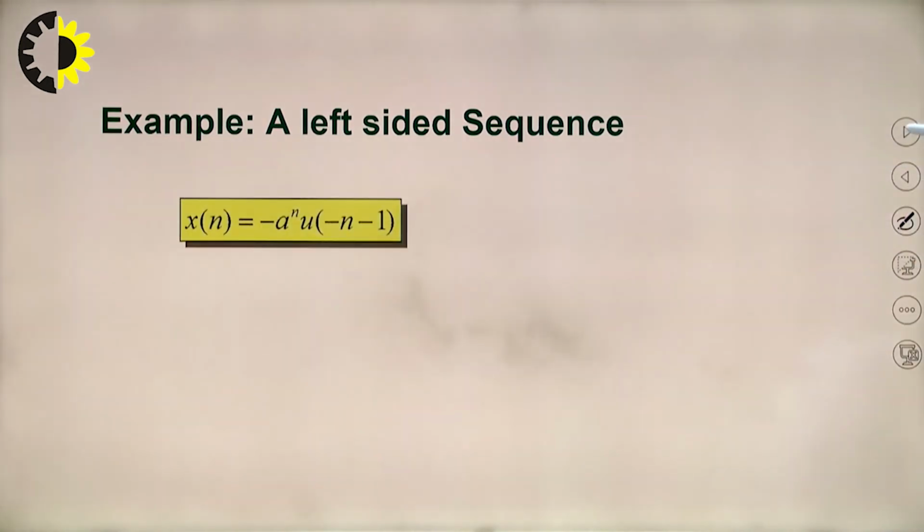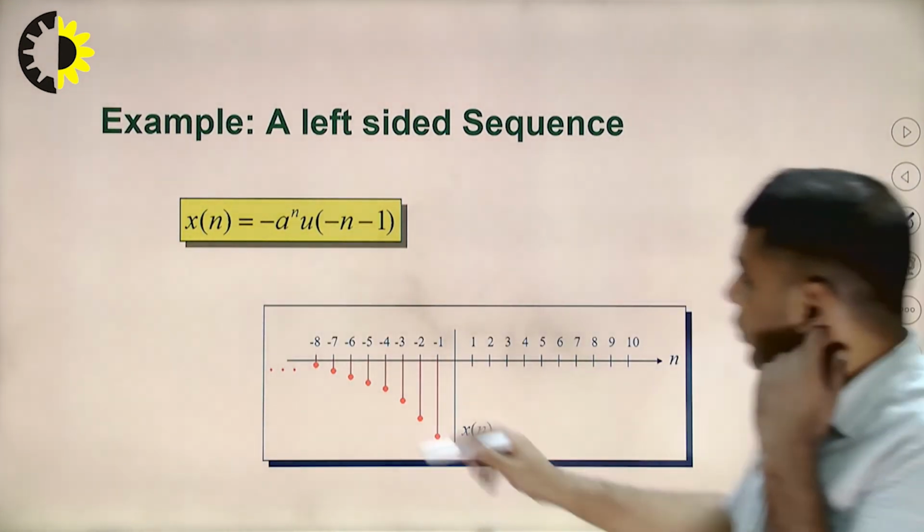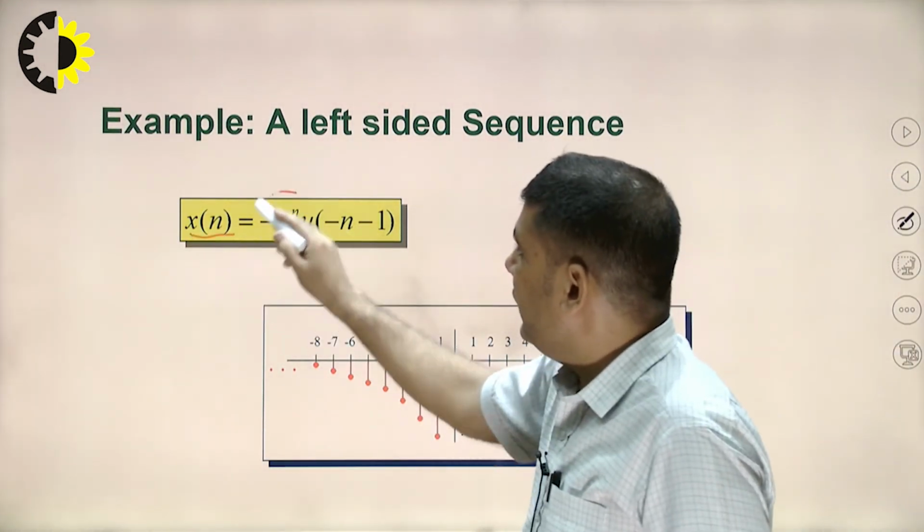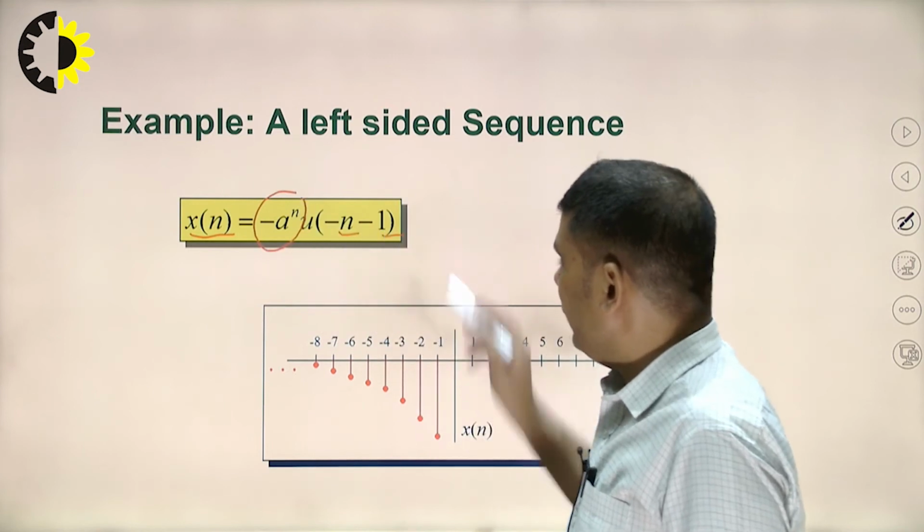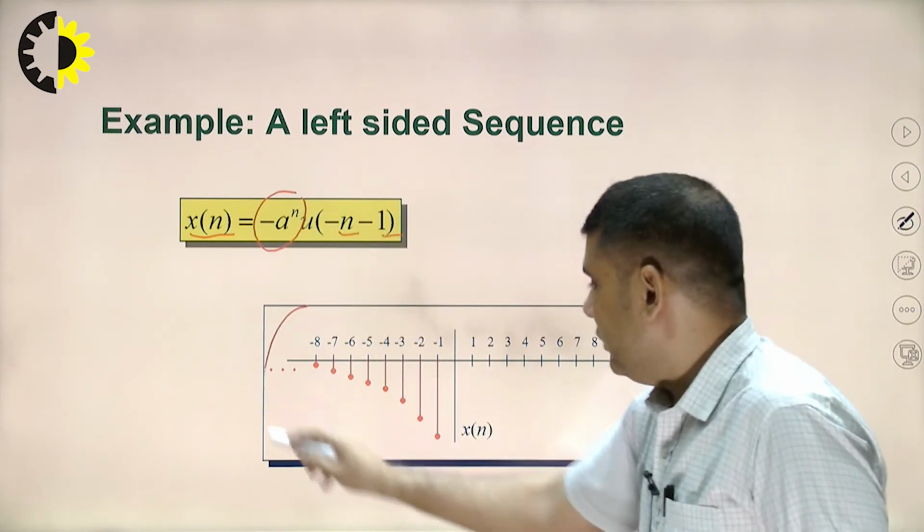Left-sided sequence. For a left-sided sequence, suppose x[n] is equal to minus a^n u[-n-1]. This is the representation.